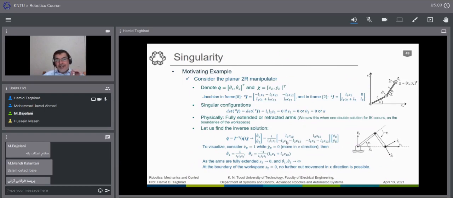Now, consider just a simple case where xe dot is equal to 1, so we can have this formulation for any direction. We can move here, here, and there, but let's use one simple direction, moving toward this line here.